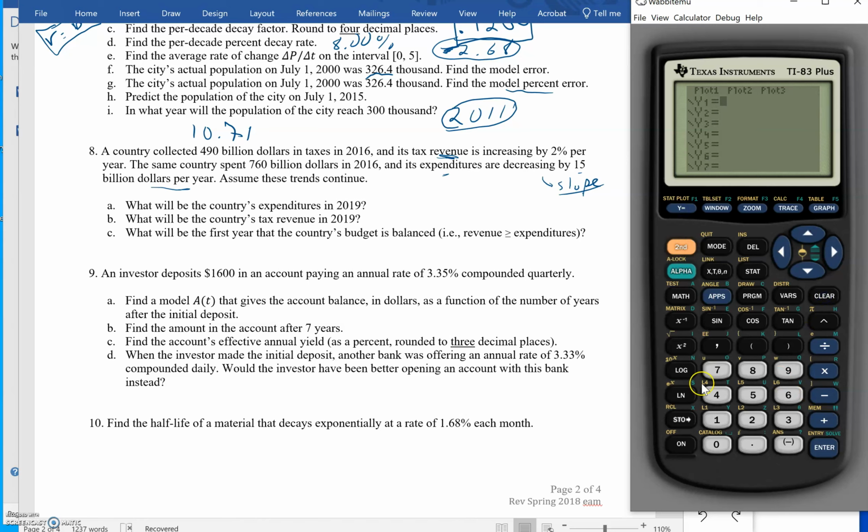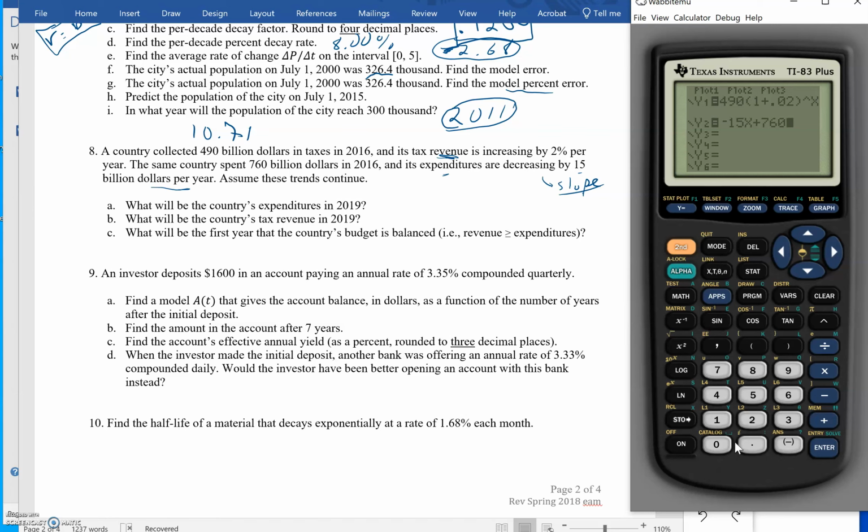That's my revenue model. And then my expenditure model is going to be the linear function, so we can use mx plus b for this. So m is negative 15. And then my y-intercept value is 760. Okay, so those are my two models.